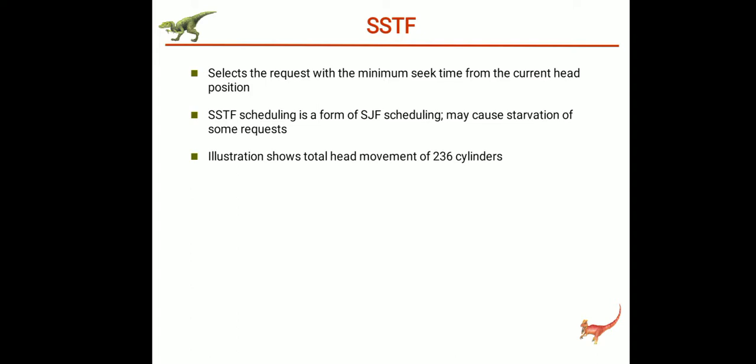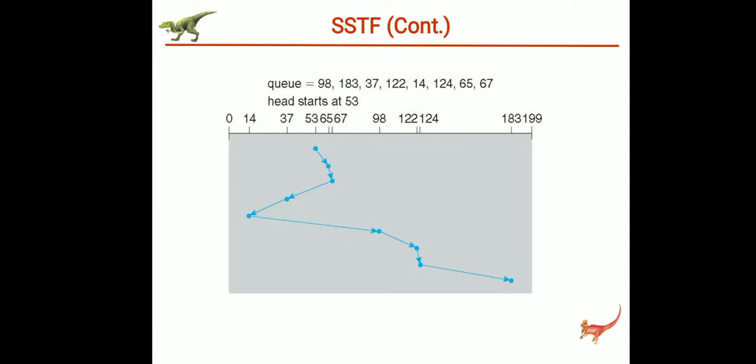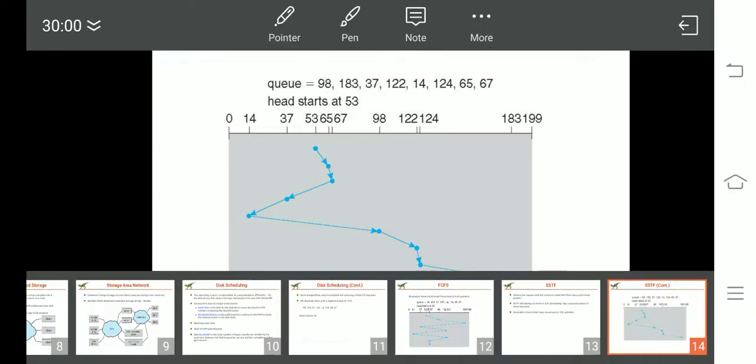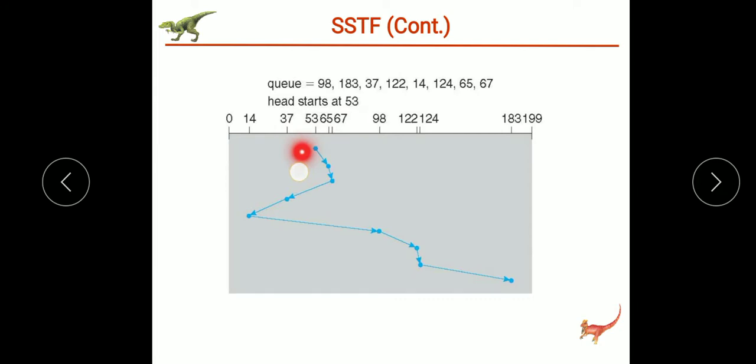In order to understand this, let's take the same example. The initial head start is 53, which means we have to start from here. From 53 we have to search the queue for the request nearest to 53, where the difference between 53 and that request is minimum.